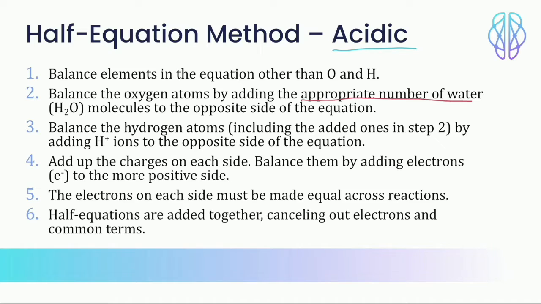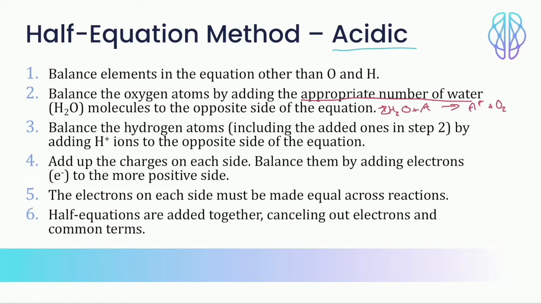So think, if I have A and it goes to A positive, plus an oxygen over here, for this example O2, we're going to add 2 H2O because that's going to give us our 2 oxygens on the right-hand side.